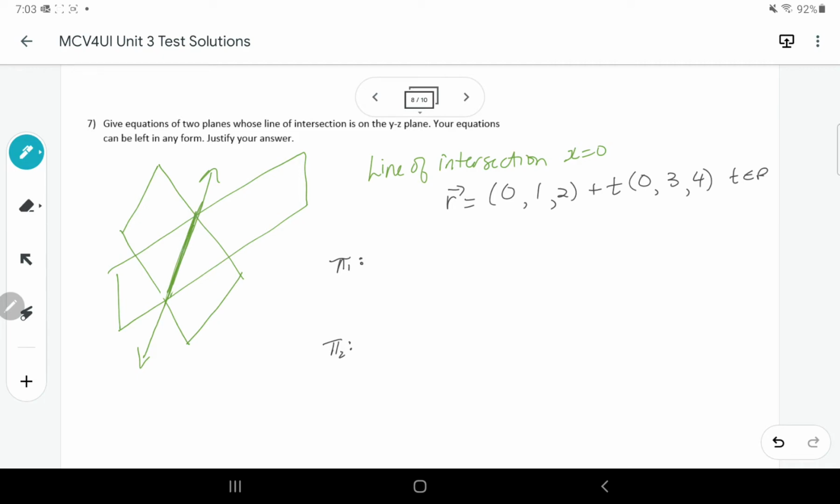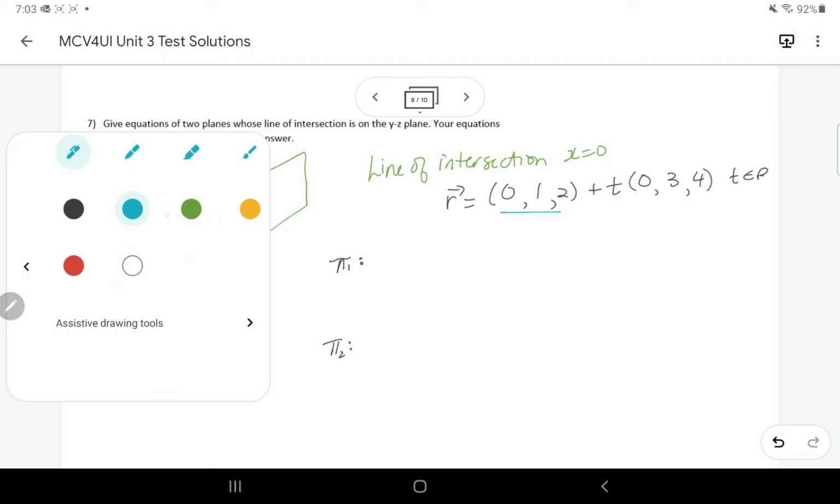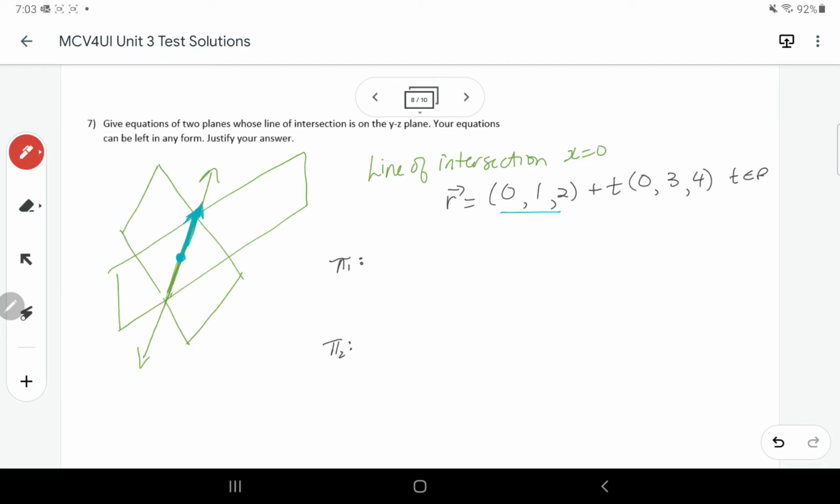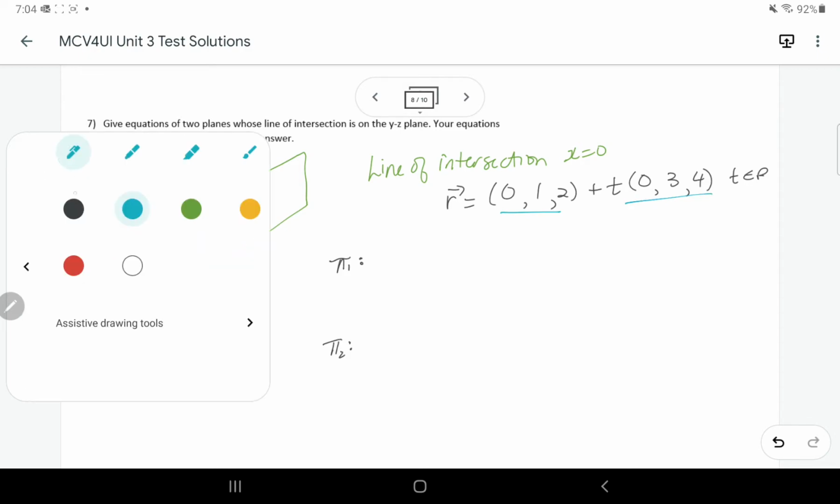We could use, let's color code these maybe, the position vector here and the direction vector that's along the line. That's one of them, right? And then I might choose a different direction vector that's along this plane. So I've got my position and direction vector from the line, and then I just need another direction vector that would be on that plane.